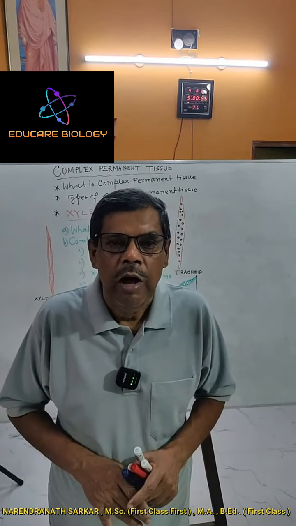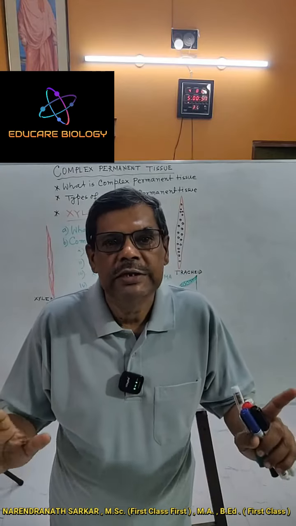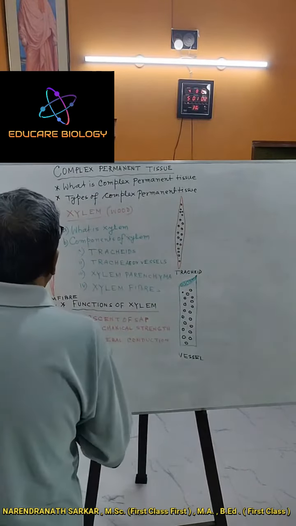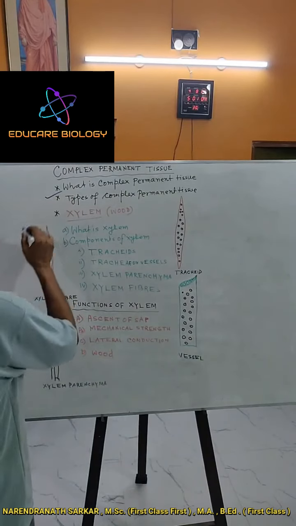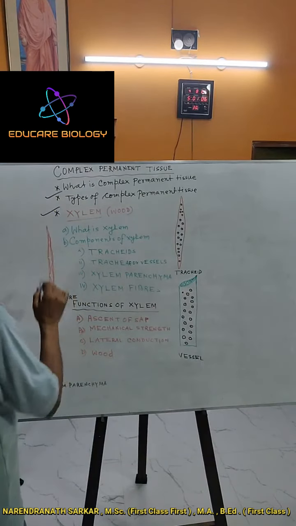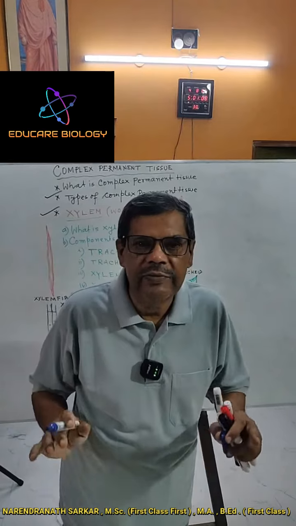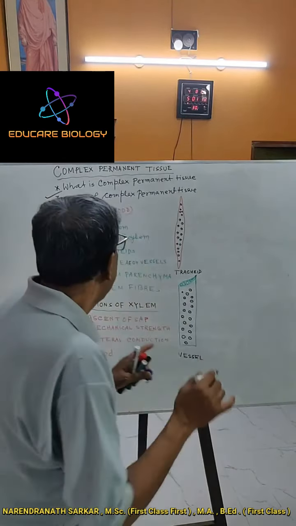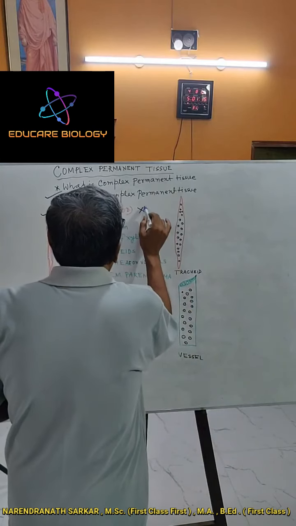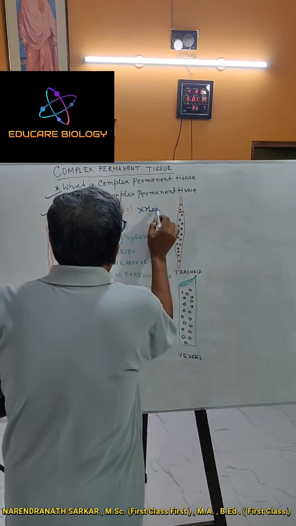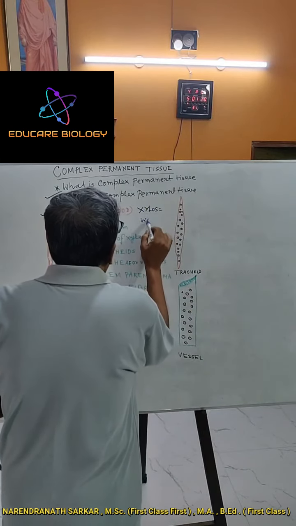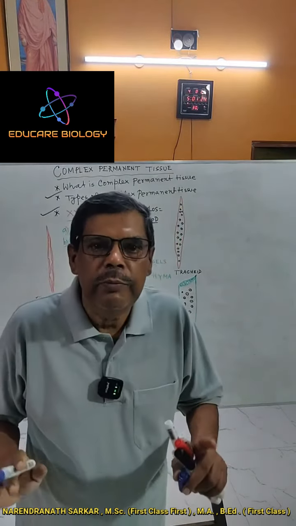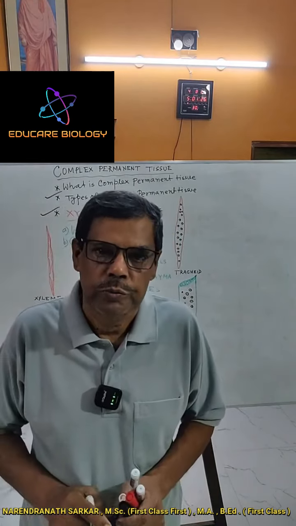Now, I will discuss the xylem, a type of complex permanent tissue. Xylem may be called the wood, from the Greek xylos, equal to wood.